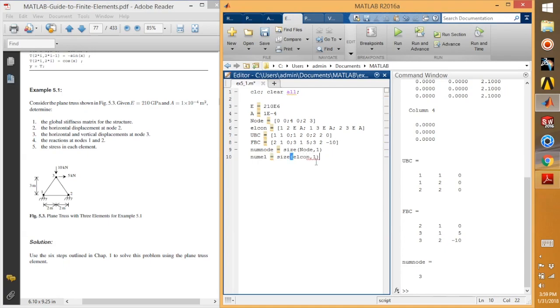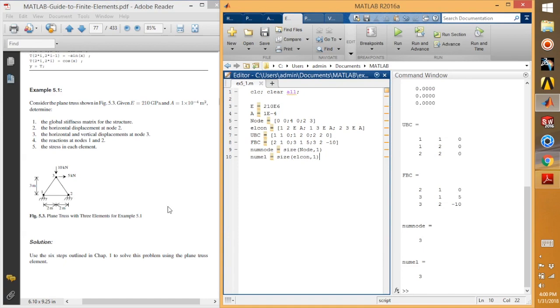Next, our global stiffness matrix will be of size 2 times number of nodes, so we are going to have a global stiffness matrix of size 6 by 6.